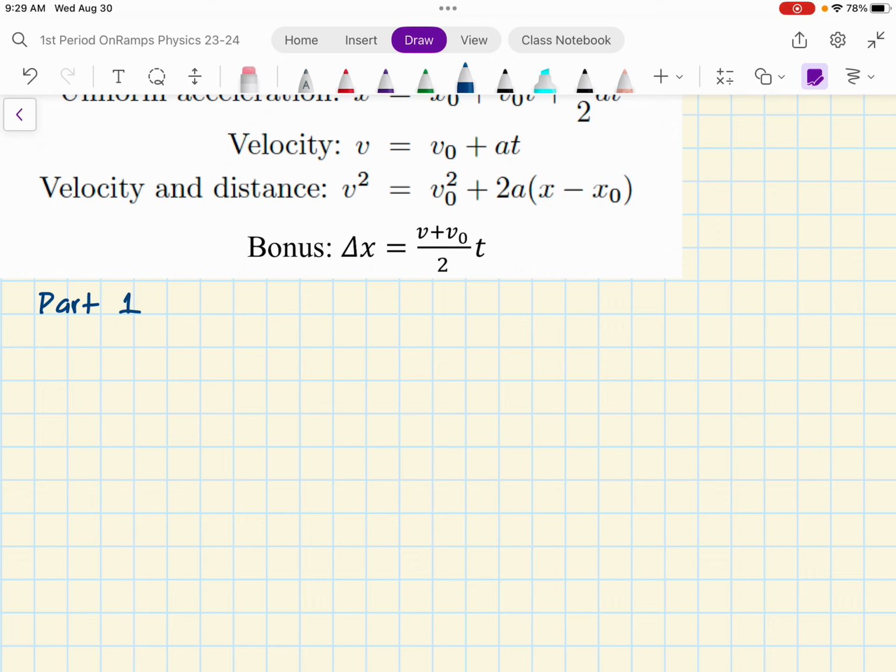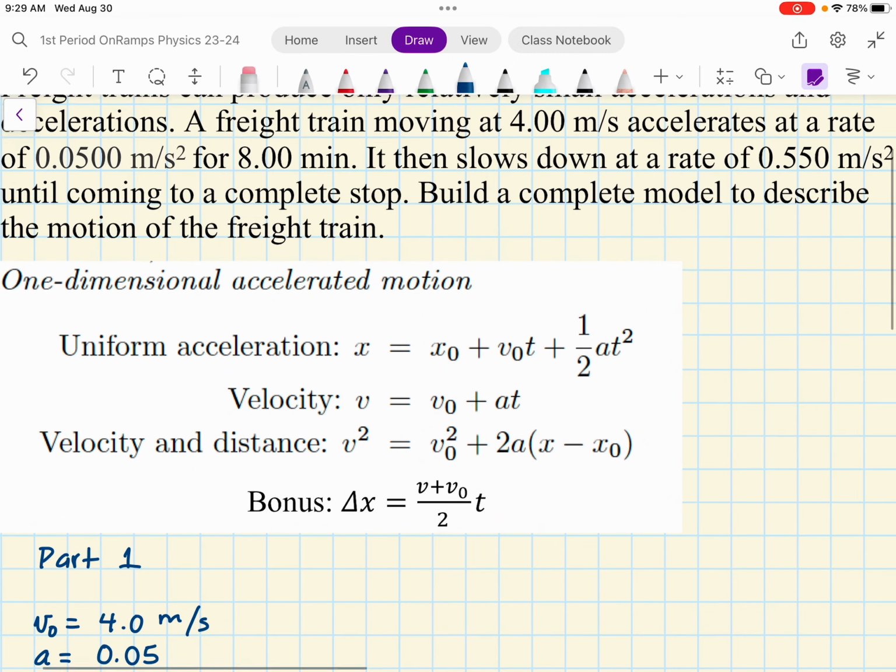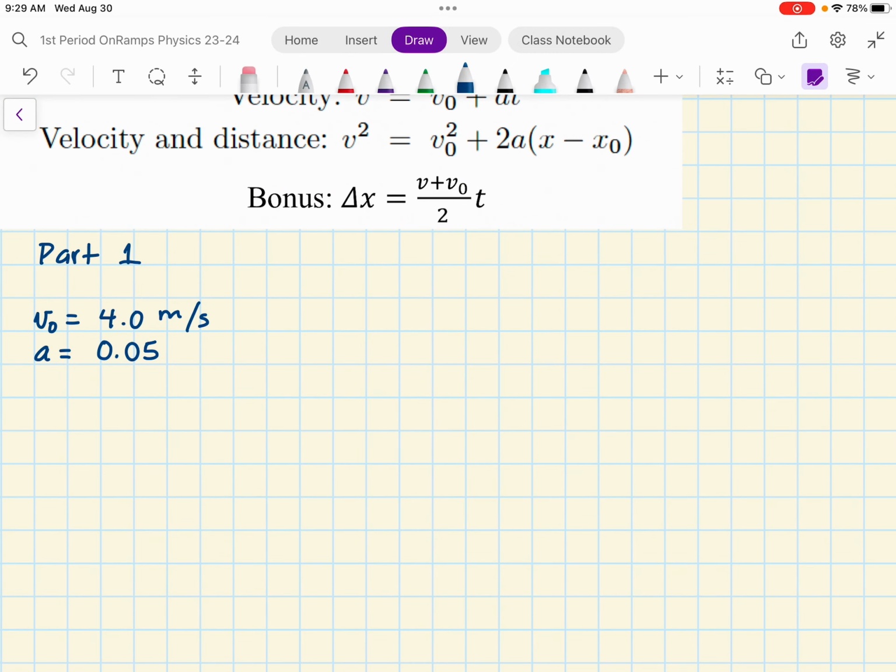Okay. So we're given an initial velocity, right? That's the initial part of the motion. So we have initial velocity, 4 meters per second. Then we were given an acceleration of 0.05. I am not going to be concerned with significant digits.